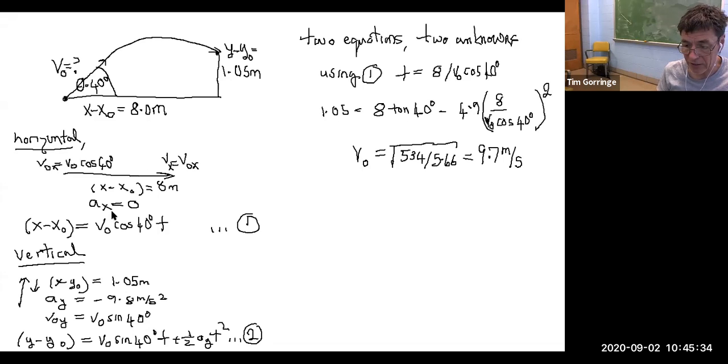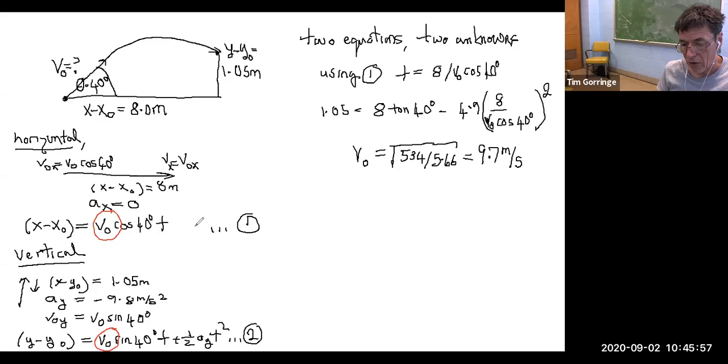And here is the unknown velocity. We did a similar thing by analyzing the vertical motion. We thought about the vertical motion, and we wrote down an equation for the vertical displacement, the known vertical displacement, in terms of the unknown velocity.